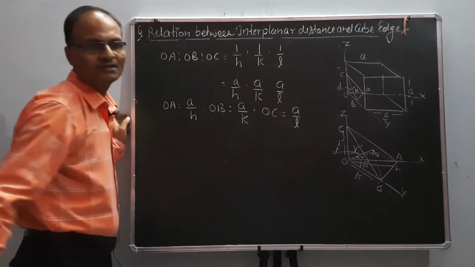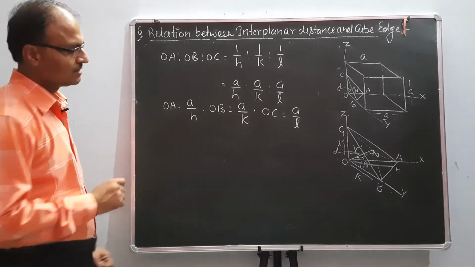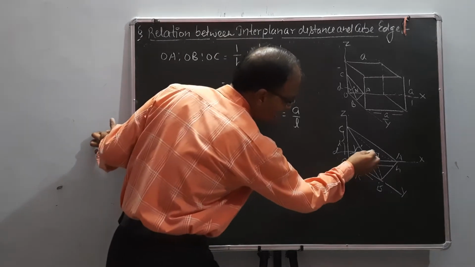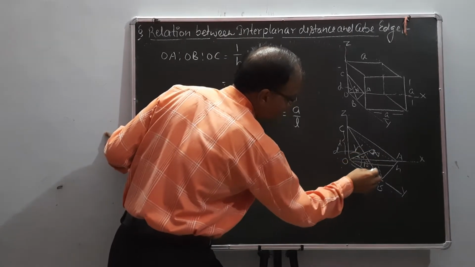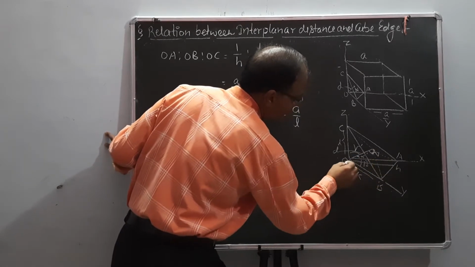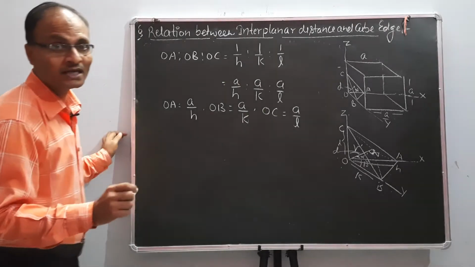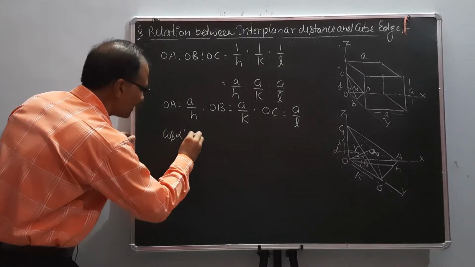This is the three distances OA, OB and OC. Now we apply the angle. This is the right angle. ON makes a right angle triangle ONA. Now we calculate the value of cos alpha dash.